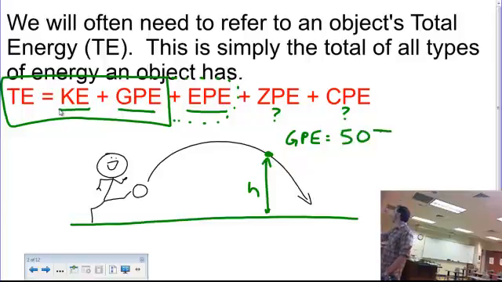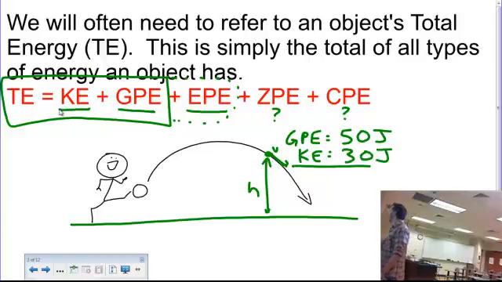Maybe it turned out to be 50 joules. Now, the ball is also moving. It's got velocity. That means there's going to be some kinetic energy. So maybe the kinetic energy is 30 joules. So it would make sense in this instance to find the total energy because that GPE and that KE are both at the same point. So my total energy at that instant is 80 joules.